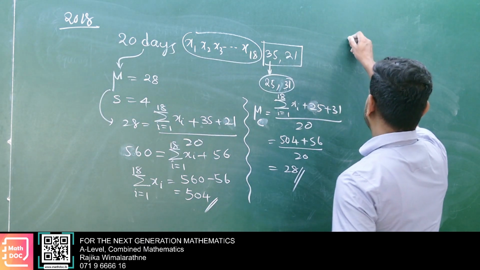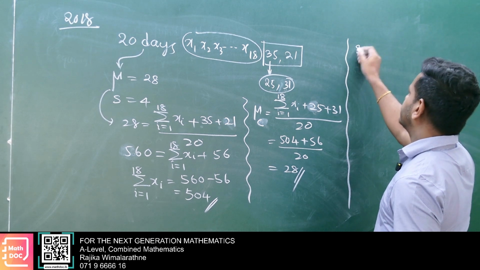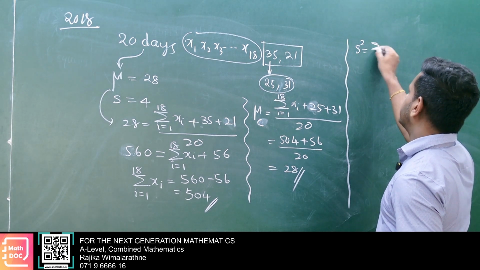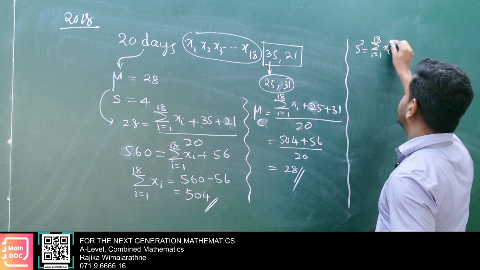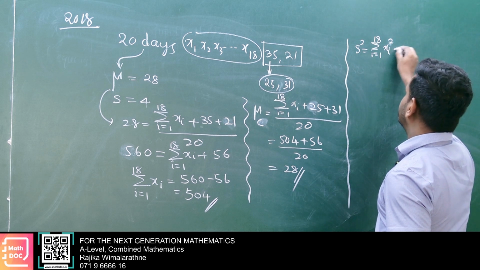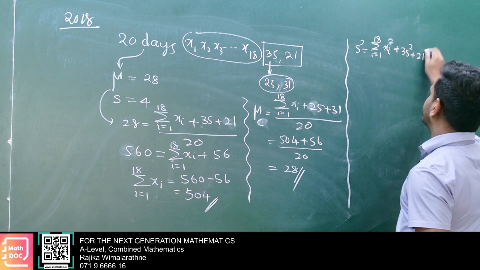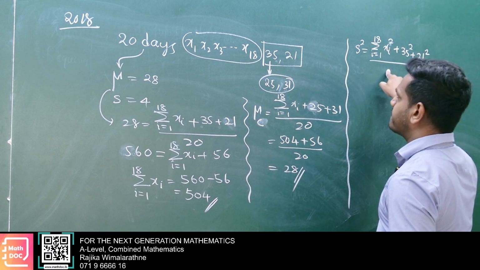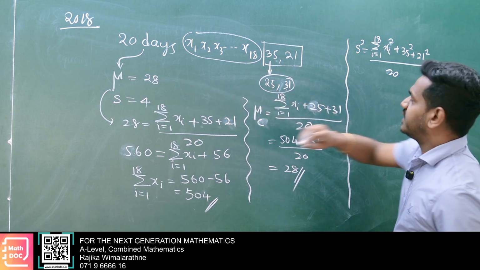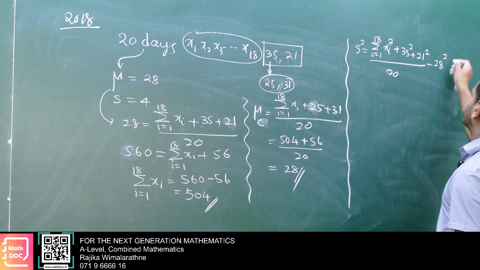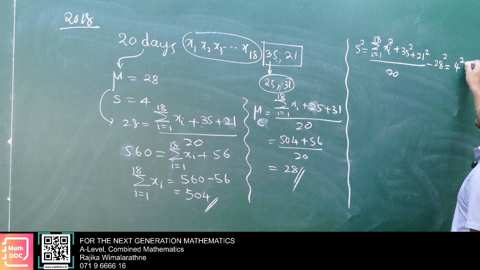Therefore for the variance, go to the formula again. S square equals sigma i equals 1 to 18 xi squared plus 35 square plus 21 square divided by 20, minus its mean 28 squared. The standard deviation is 4, so 4 square.